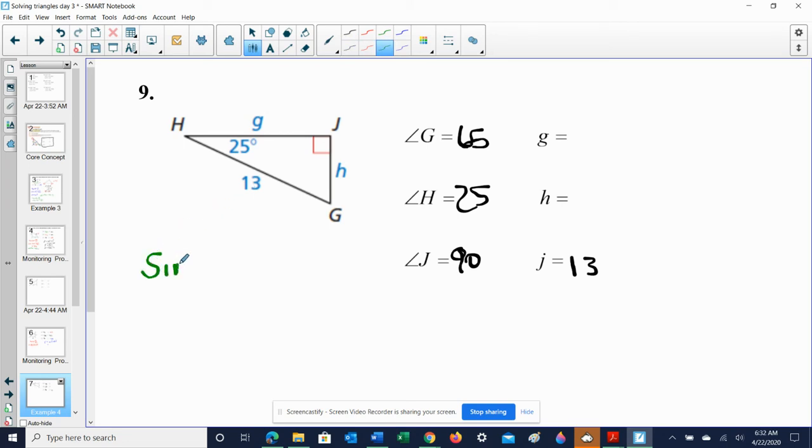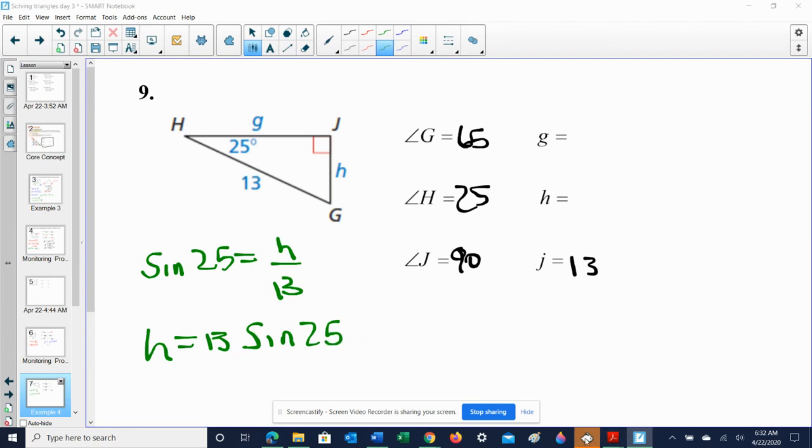The sine of 25 is equal to opposite over hypotenuse. H over 13, right? Opposite over hypotenuse. Just multiply by 13. H is equal to 13 sine 25.